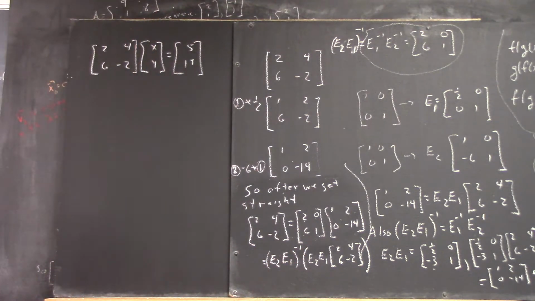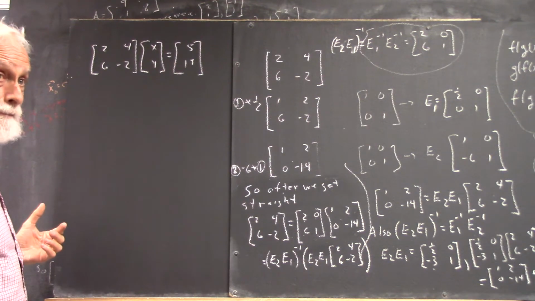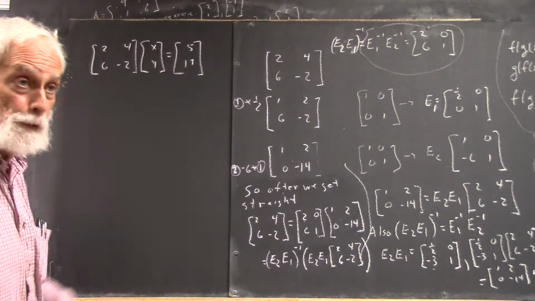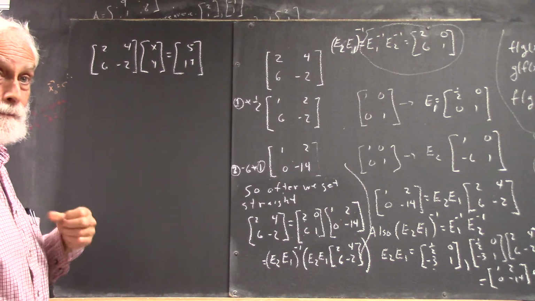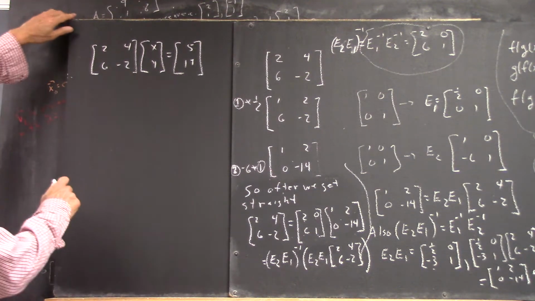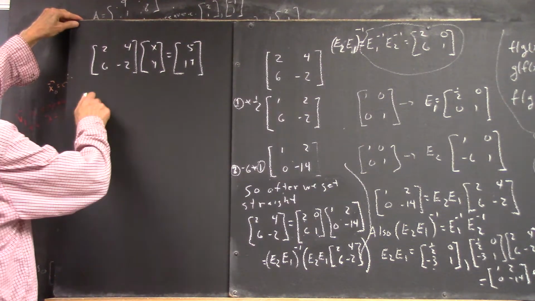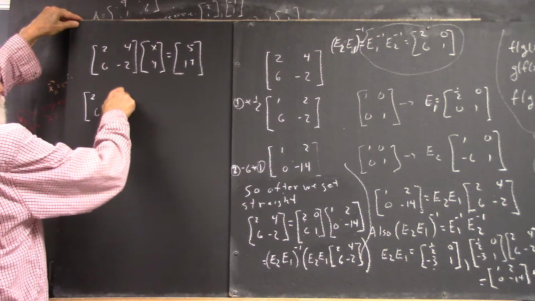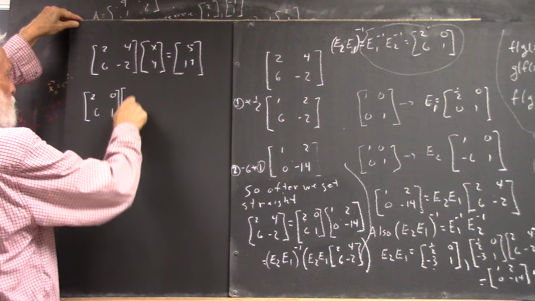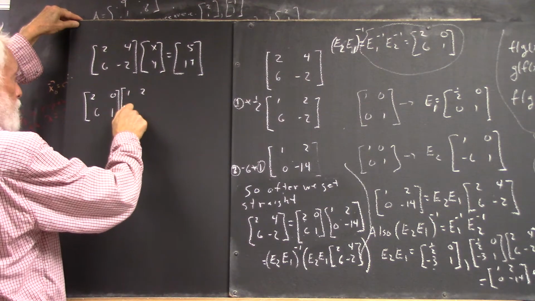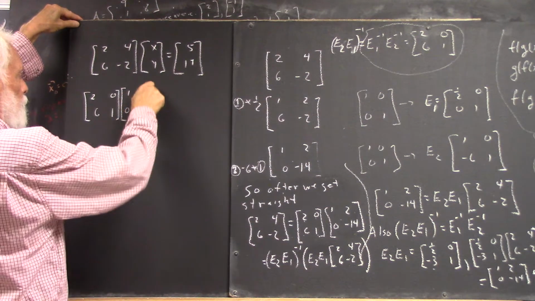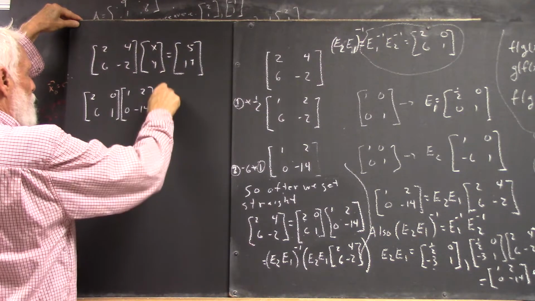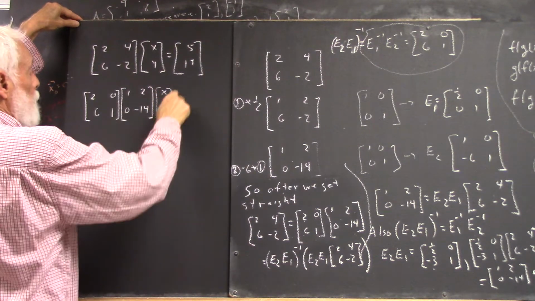Okay, well, I can rewrite this in terms of my lower and upper triangular matrices, right? Now there's an advantage doing this symbolically and there's an advantage doing it with numbers. I'm not sure this is the best way to do it, but we're going to do it this way anyway. Then I'll write it out symbolically because it'll work in general for any matrix equation with square matrices, okay?